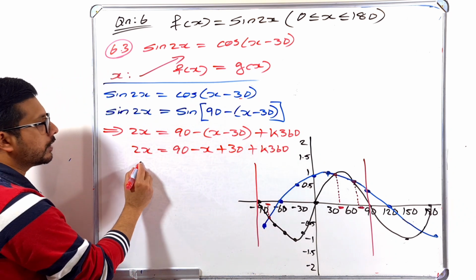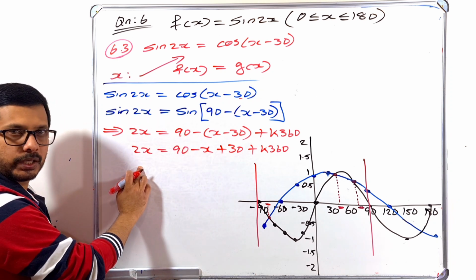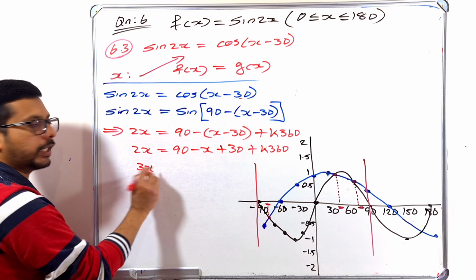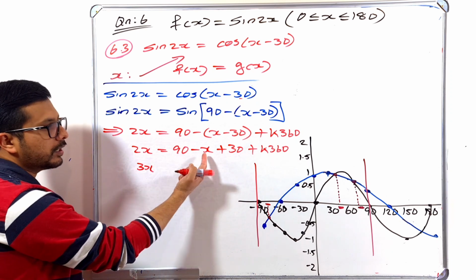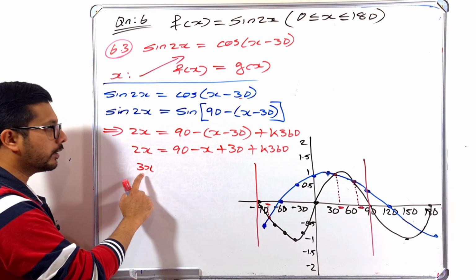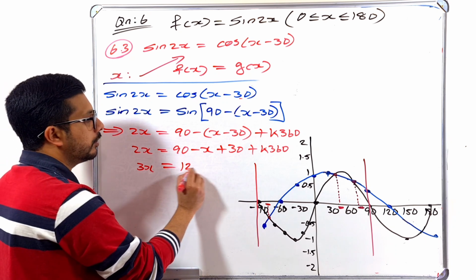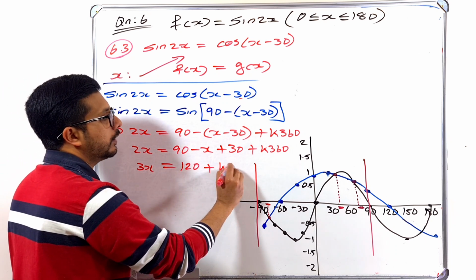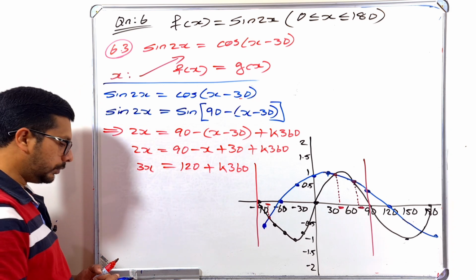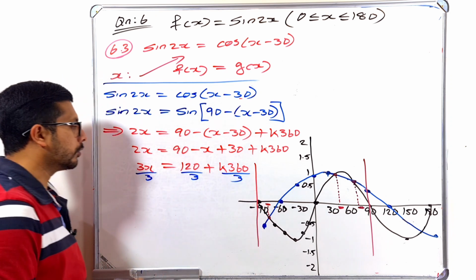Take this minus x to the other side, so it is positive x. So 2x plus x, can I write directly 3x? That means 3x is equal to 90 plus 30, 120, plus k 360. Now divide throughout by 3, because I want to find x.